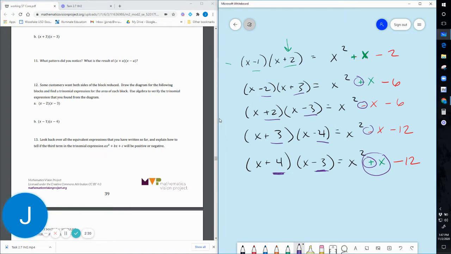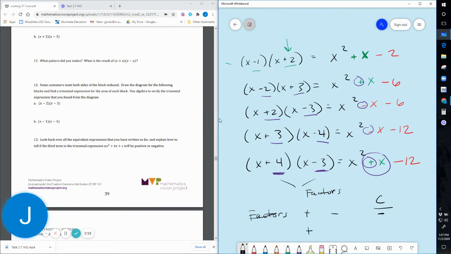Okay, so if your two factors, these are called your two factors, right? If your factors are one positive and one negative, then your c value is going to be negative.